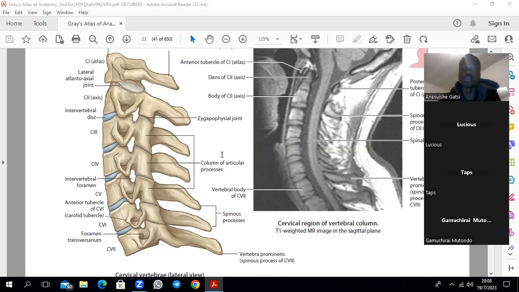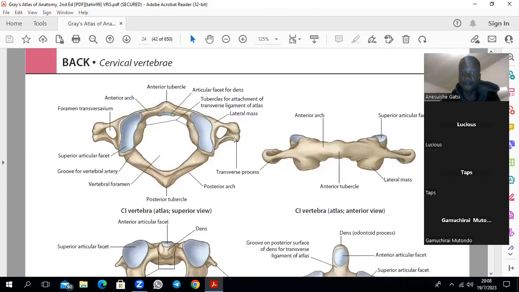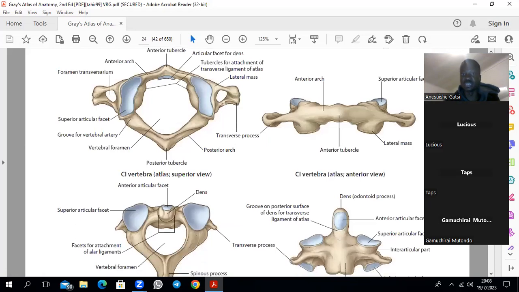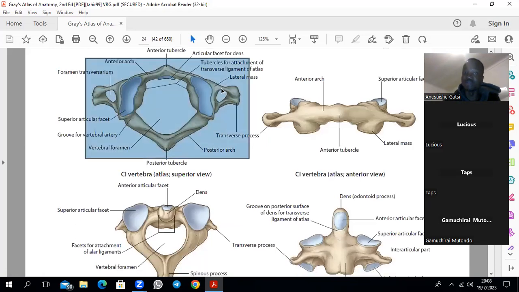They have what we call a foramen transversarium. They have a foramen transversarium within their transverse process. Right? This is what distinguishes cervical vertebra from all the other vertebra by just looking.